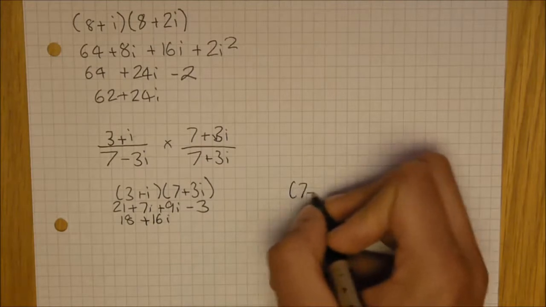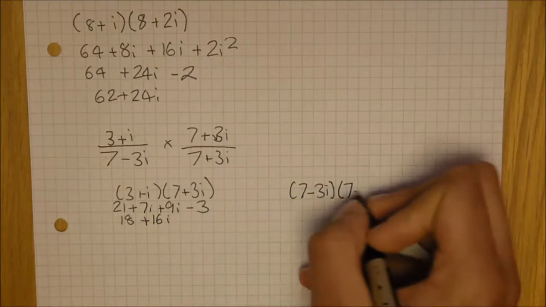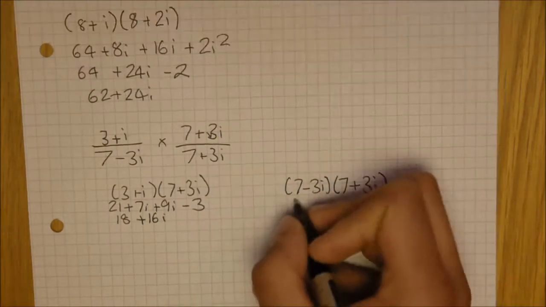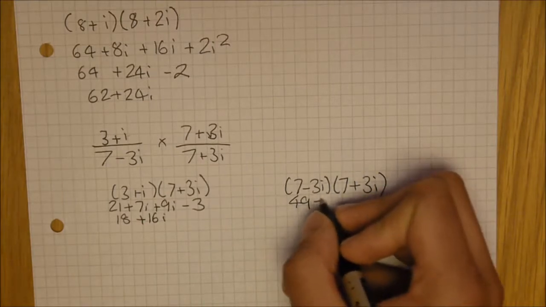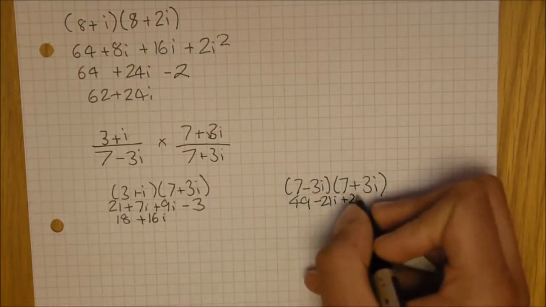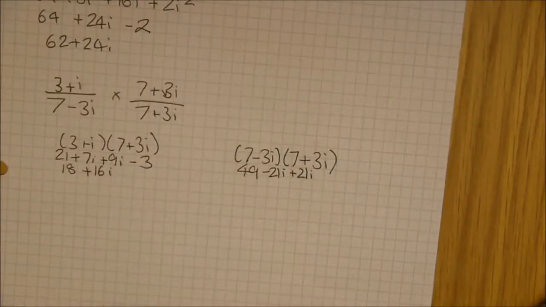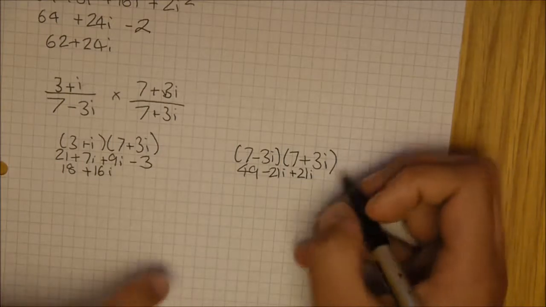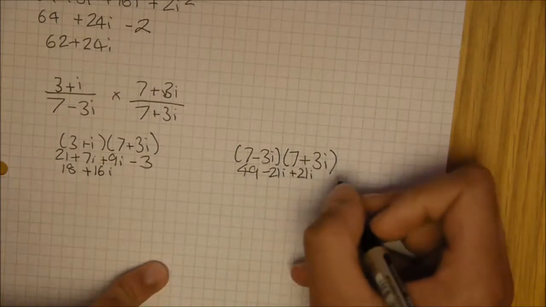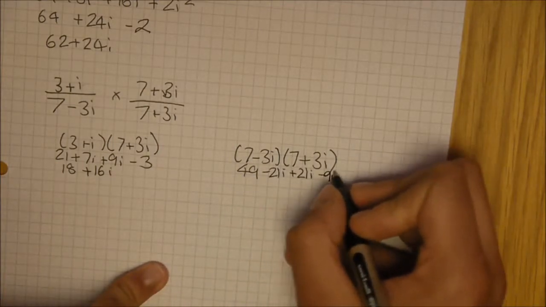Then we're going to do 7 minus 3i times 7 plus 3i: 49 minus 21i plus 21i, and then we have to do minus 3i times 3i, which is minus 9i squared.